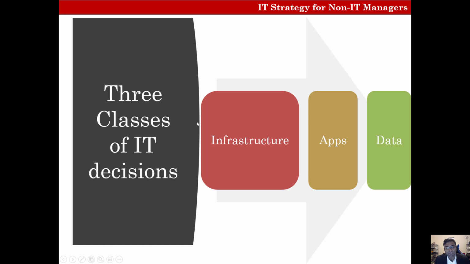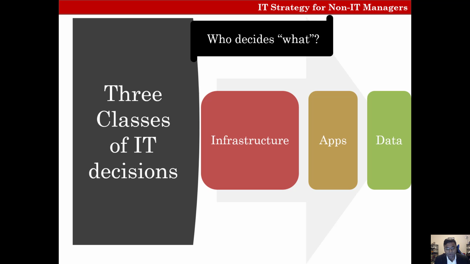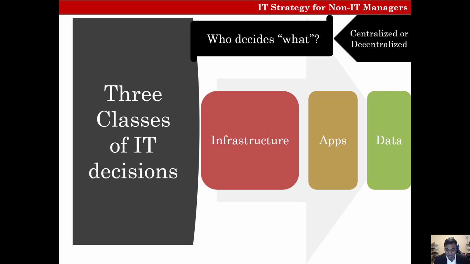So IT governance spans all three, and your firm's IT governance is how you choose to divvy up decision rights of your firm's IT infrastructure, apps, and data between your firm's IT units and line functions.